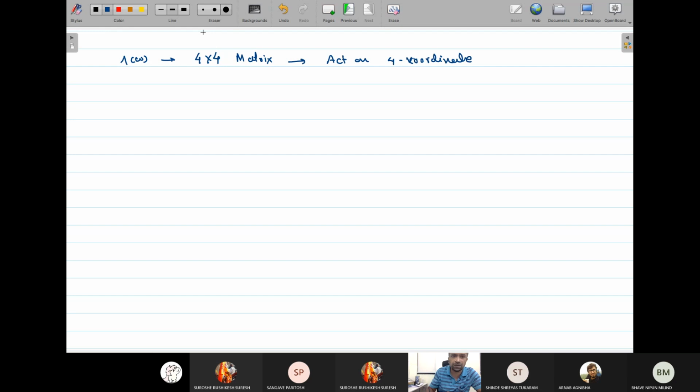Coordinate, basically, is not a correct way of writing; it is a 4 vector. What are the constituents of lambda omega? Lambda omega requires parameters, that is omega mu nu. There are 6 parameters, and J mu nu, 6 generators.